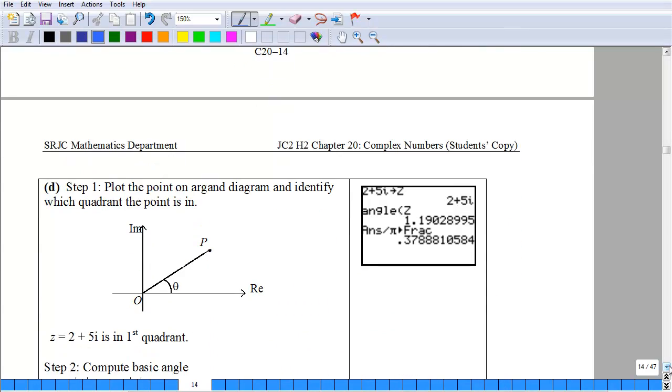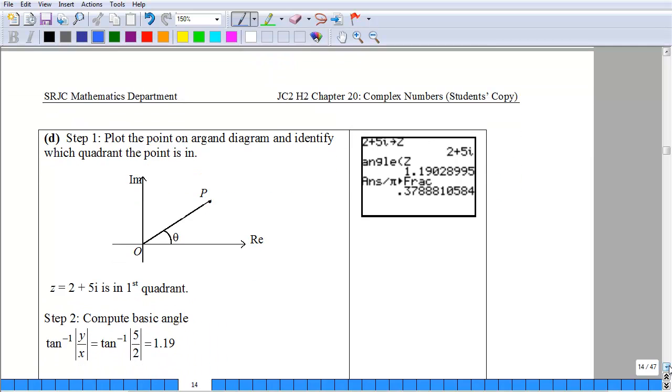D. In D, we are asked to find the argument of 2 plus 5i. So again, we mark down the complex number in an Argand diagram. 2 in the positive real axis direction plus 5i means I will go upward by 5 units.